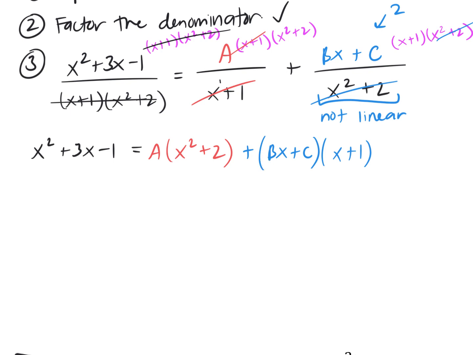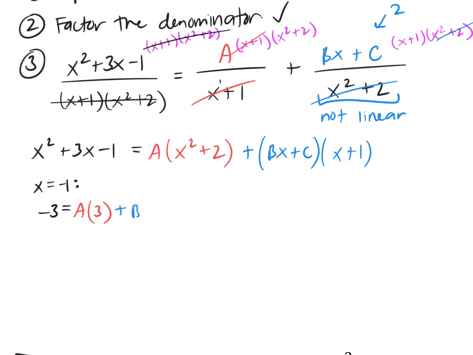So if x equals -1, on the left side, I would get 1 minus 3 minus 1, right? So that gives me just -3. On the right side, I have a times, if I plug in -1 here, -1 squared equals 1 plus 2 would be 3.